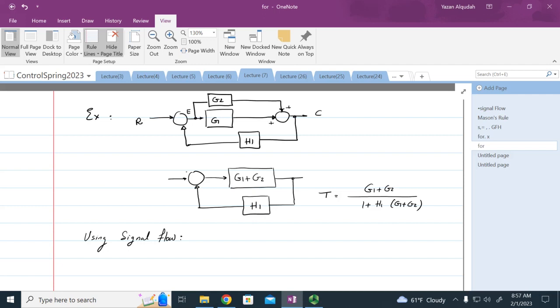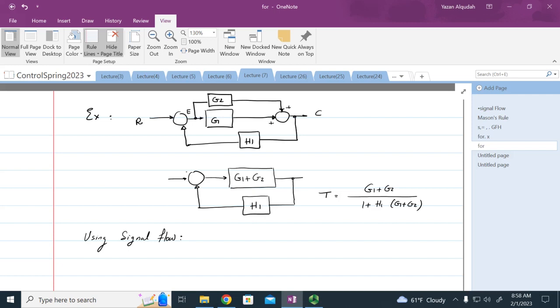You can talk to the person next to you if you like. I have G1 and G2 together. I don't know where to put H1. That's my logic.